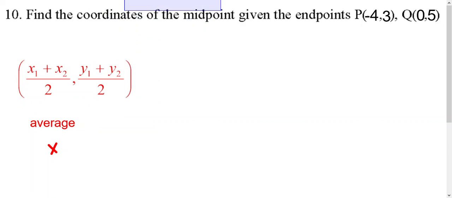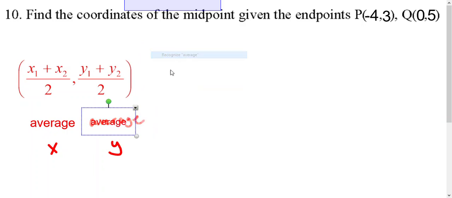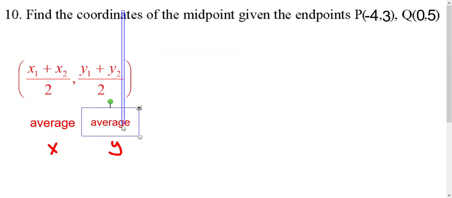And then y1 plus y2 over 2 is now the average, this time of the y's. So really, when we're looking for a midpoint, we're looking for the average of the x's to be our new x value, and then the average of the y's to be our y value.